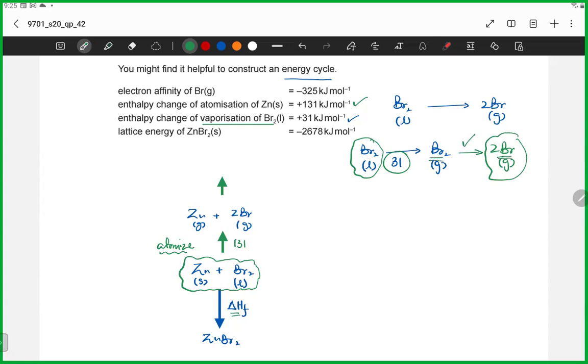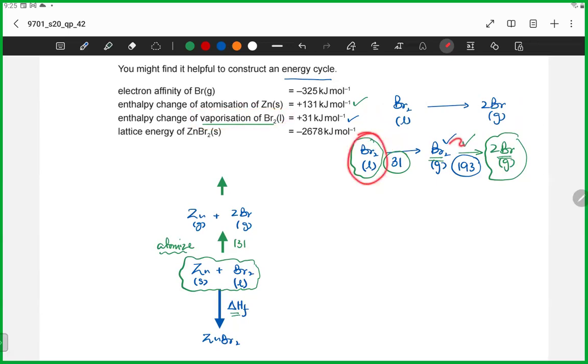So Jody, do you have the data booklet? What's the bromine bond energy? 193. Yeah, that's 193, and you're breaking only one bond in the bromine molecule, right? So this step actually broke down into 2 steps. The first was vaporization, because normally in the Born-Haber cycle they don't use vaporization.